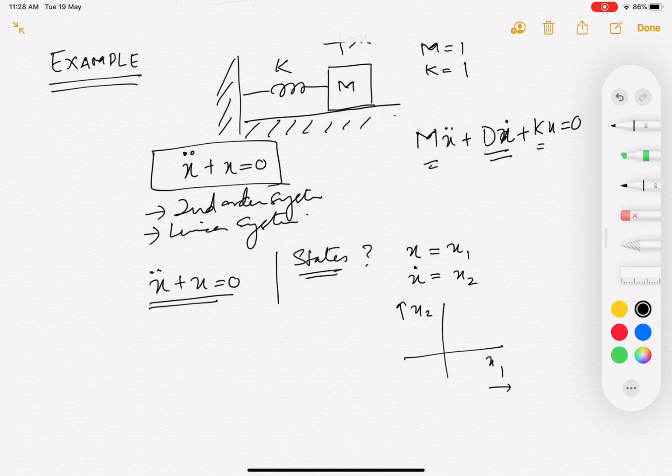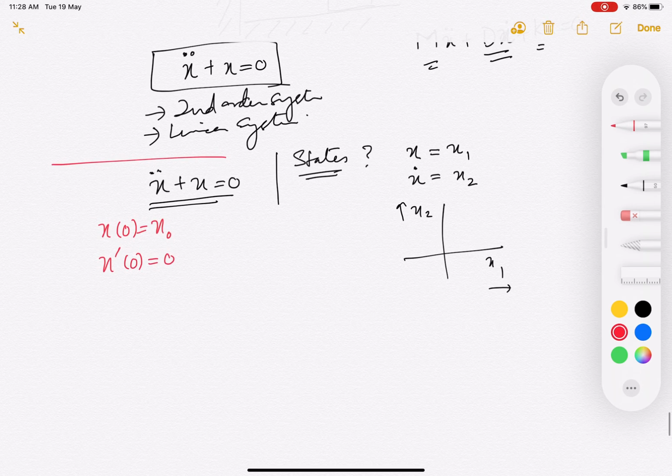This is something that you know from your network analysis course also. So if you have this differential equation and you have initial conditions, say x(0) is equal to x0 and x dot(0) is equal to 0, two initial conditions, then you can very easily solve this. It's a homogeneous differential equation.